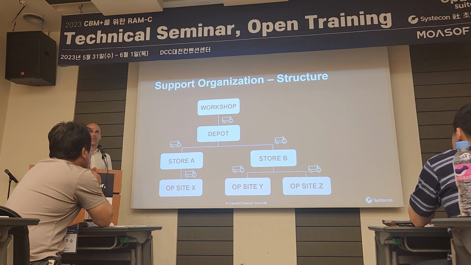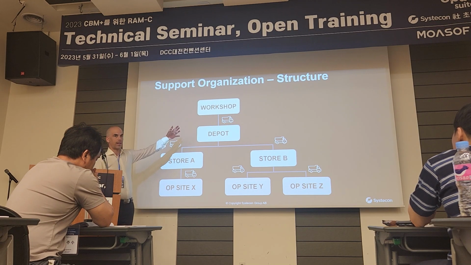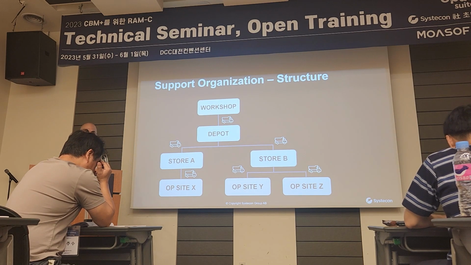Yes, you could have a different transport policy for individual items or individual systems. So you could have a general structure like this that you can override specifically, to say, for example, when the engine breaks, it goes directly to the workshop, and you don't have to transport it that way. So yes, you can model it that way.